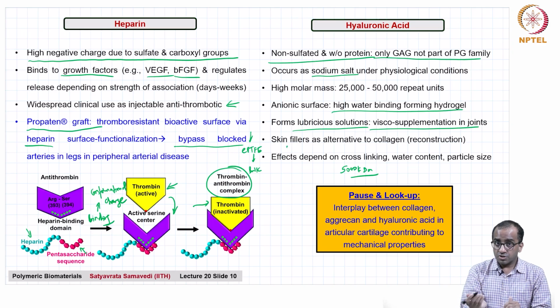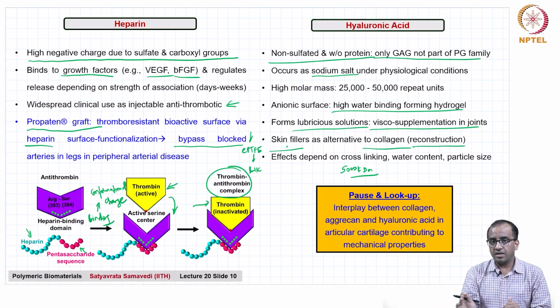It's also used as an alternative to collagen for skin fillers in reconstruction, and the effects that it has will depend on the cross-linking, water content and the particle size, which is not hard to imagine because again it's the structure that determines the properties that determines the functionality and performance.